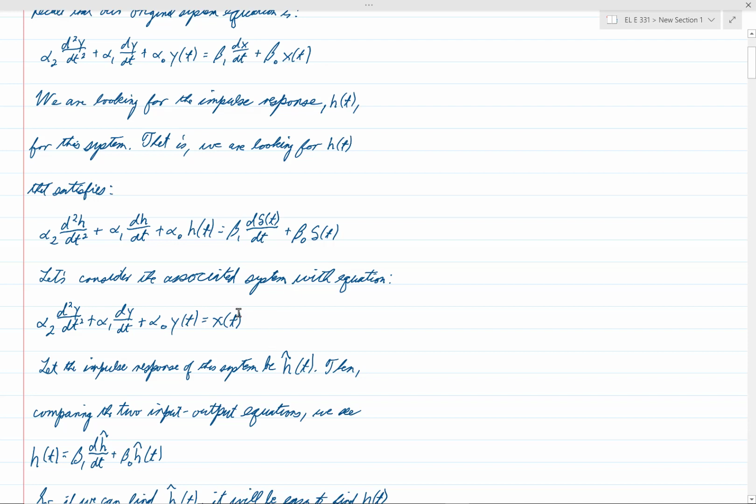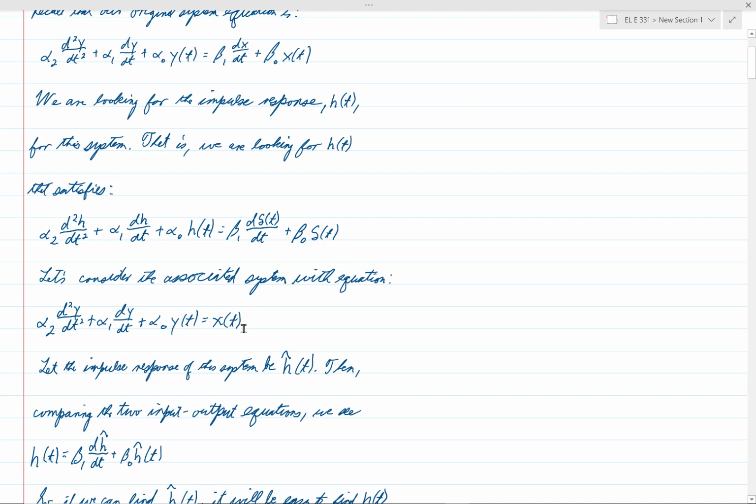So this leads us to suspect that maybe if we found h hat, the impulse response for this system, then the impulse response for the overall system would simply be beta 1 dh hat/dt plus beta naught h hat of t.